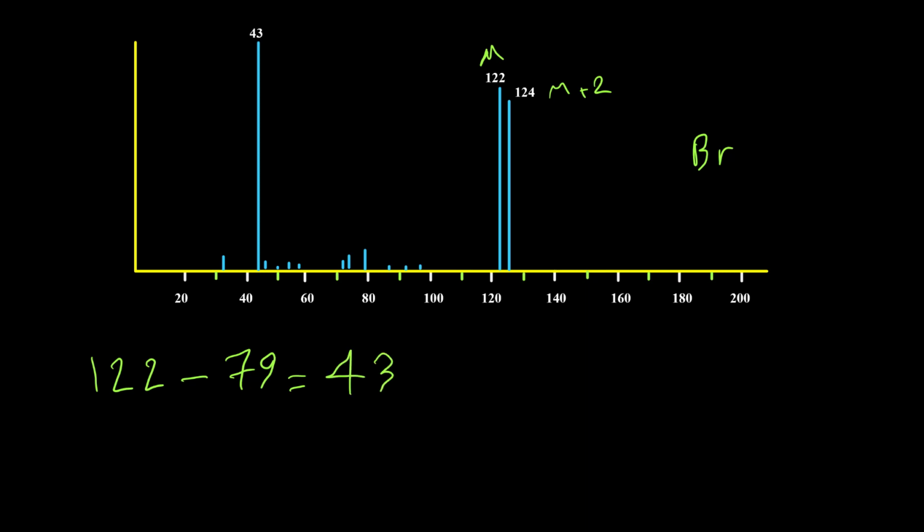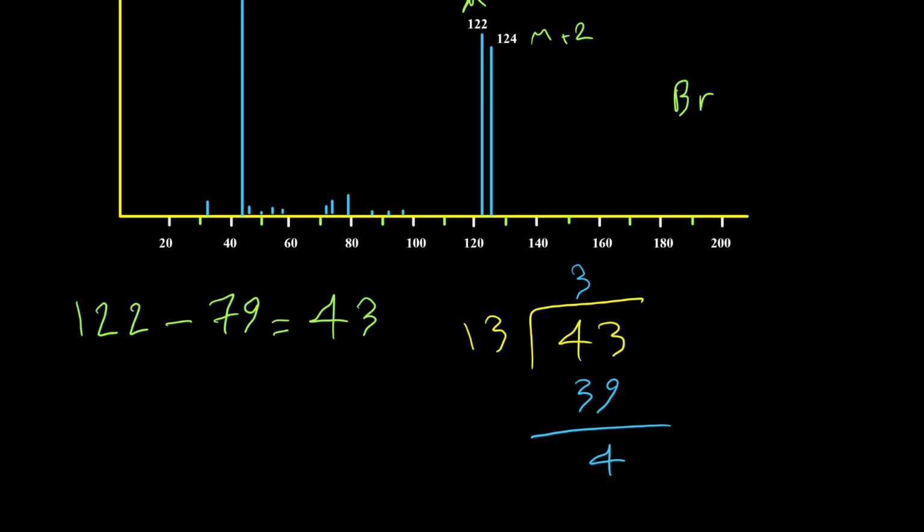Then using the rule of 13, 43 divided by 13, the quotient is 3. 3 times 13 is 39. Then the remainder is 4. So from the quotient we have C3H3, then we have 4 extra hydrogen from the remainder.